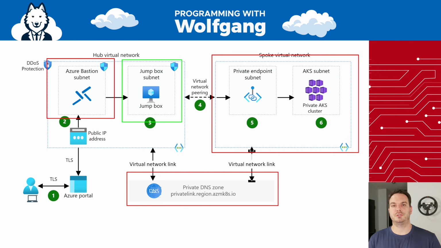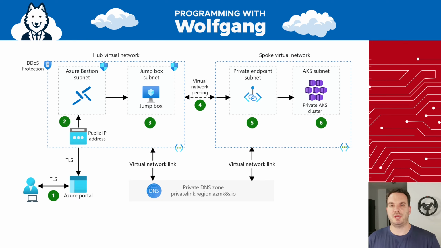In the workflow, the developer connects through Azure Bastion to the VM, and then from the VM to AKS. Setting up everything can be quite complicated because, as you can see, there are many resources involved, and it can also be expensive because you always need your jump box, in this case a VM, running, so you have to pay for the VM.